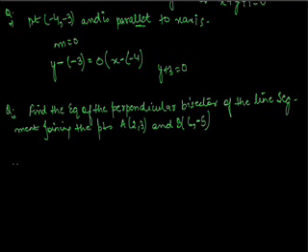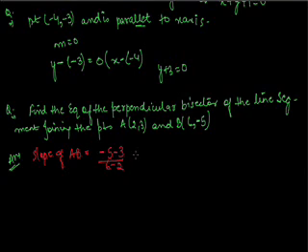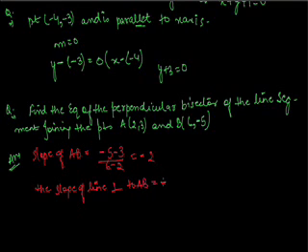How will I do it? First of all, I'll be finding the slope of AB. So the slope of AB is equal to (-5 minus 3) upon (6 minus 2), which is equal to -2. Therefore the slope of a line perpendicular to AB is equal to -1 upon m, or 1 upon 2.